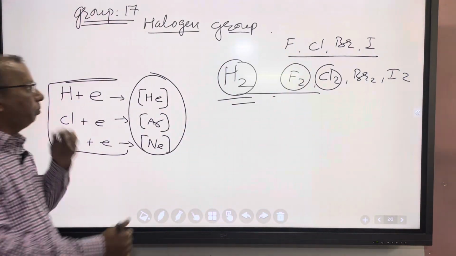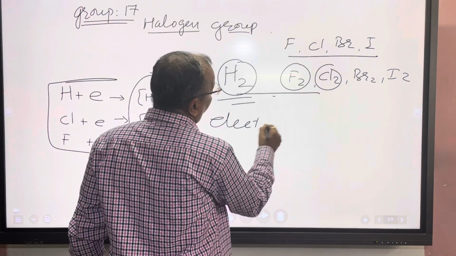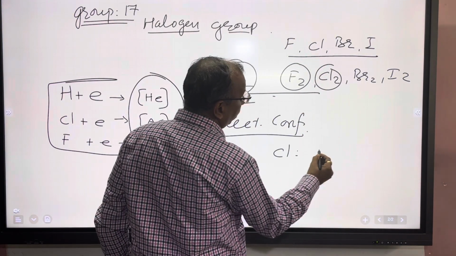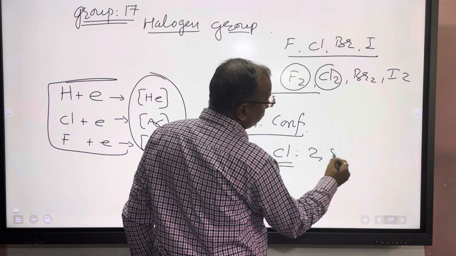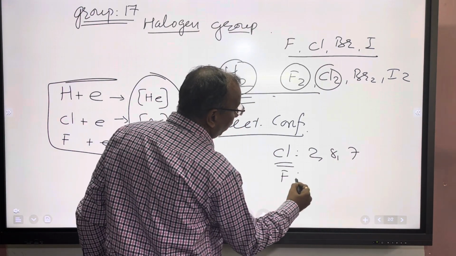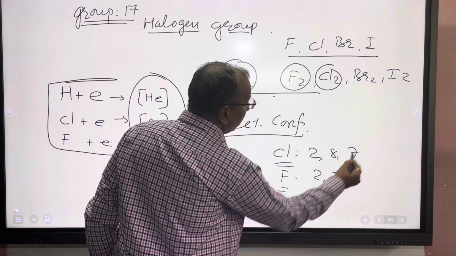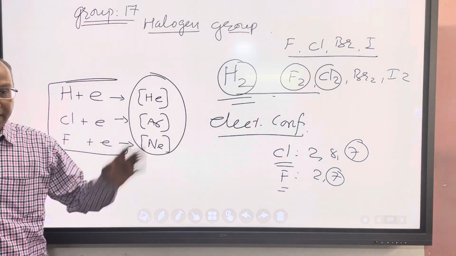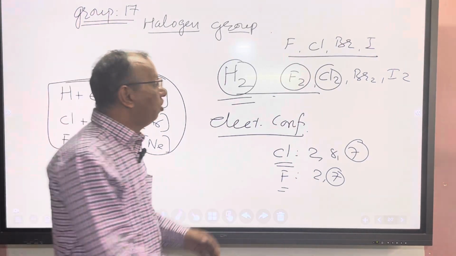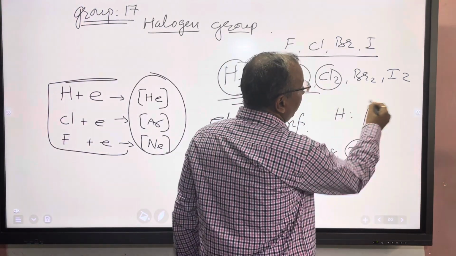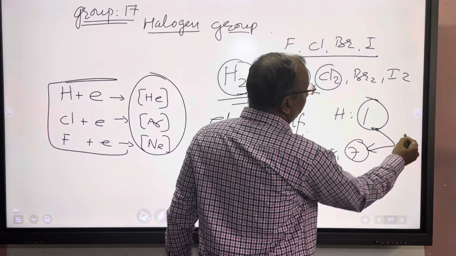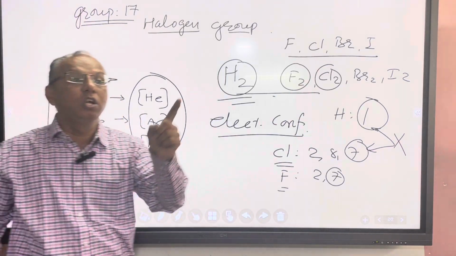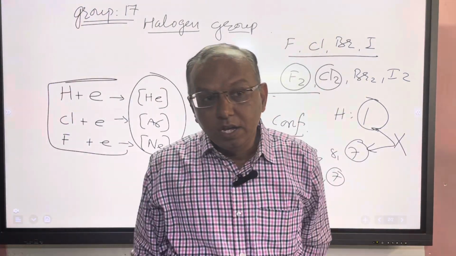But the last thing, friends, is the electronic configuration of hydrogen and the halogen group. In chlorine it is 2, 8, 7. In fluorine, friends, it's just 2 and 7. There are 7 electrons in the outermost shell of fluorine and chlorine and all halogen elements, whereas in hydrogen it is just 1. This is the big controversy; the electronic configuration does not allow us to put hydrogen in group number 17.